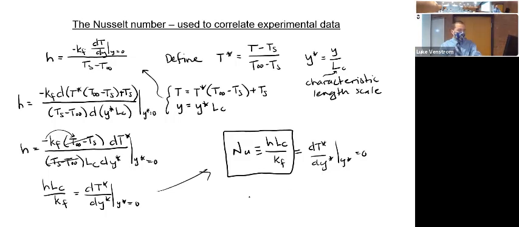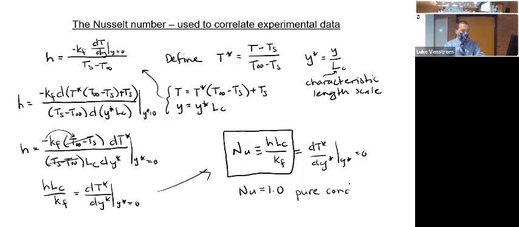One thing to write down about the Nusselt number: when the Nusselt number is equal to 1, this is like pure conduction. I can try to convince you that this represents a pure conduction case relative to a case that's enhanced by advection. So the Nusselt number should never be less than 1.